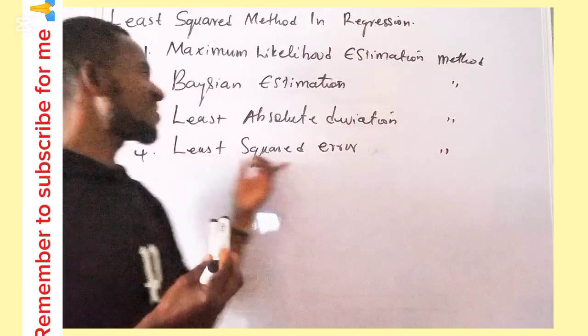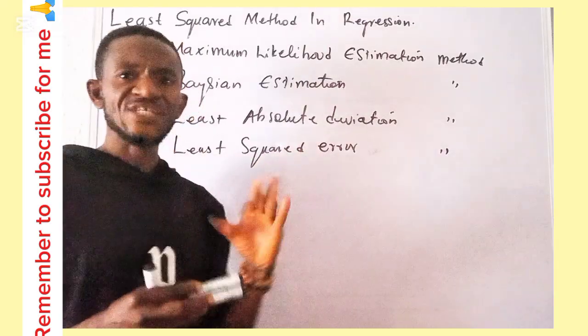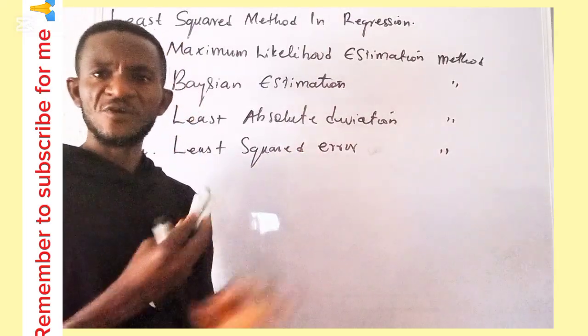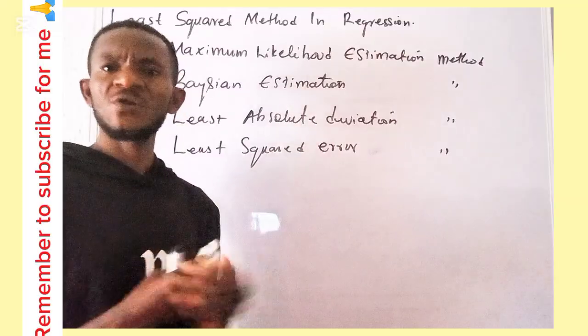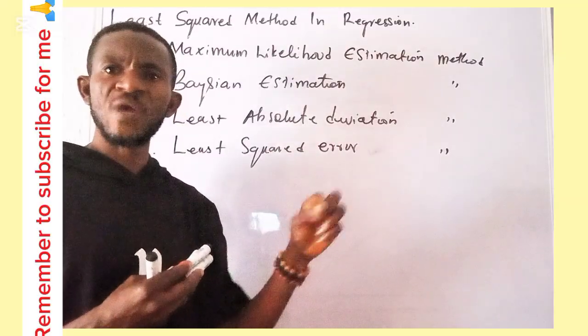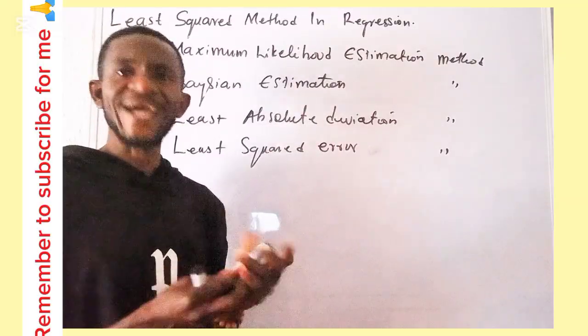Of course, when you come to this least square method, they are classified into two. Under this least squared error method, number one, we have what we call the ordinary least square method, OLS.